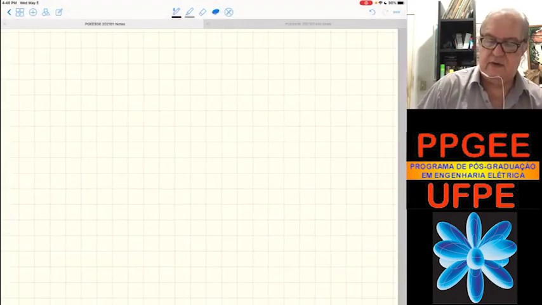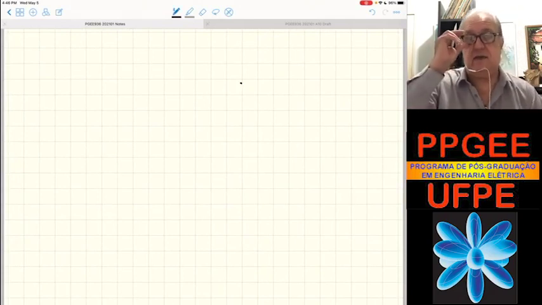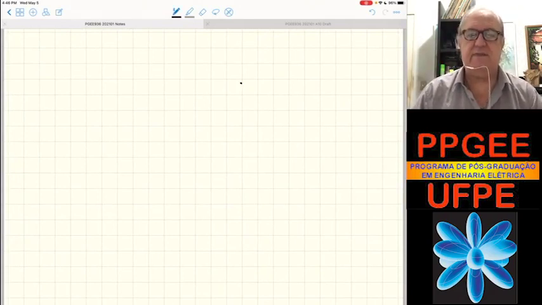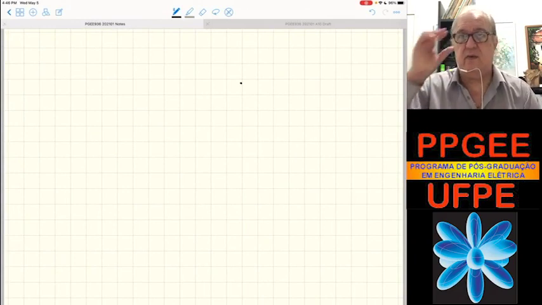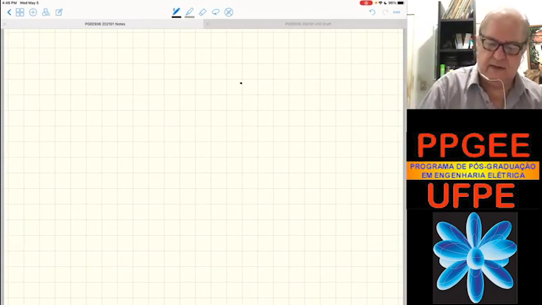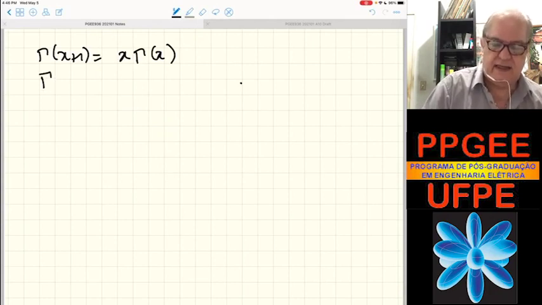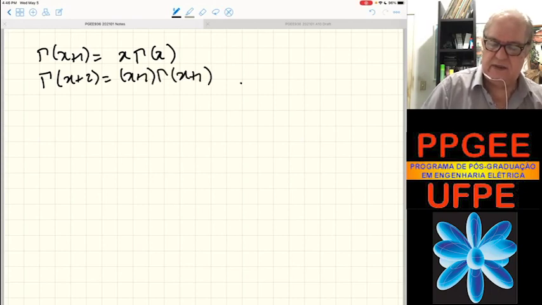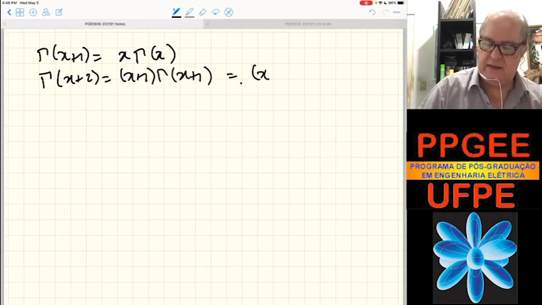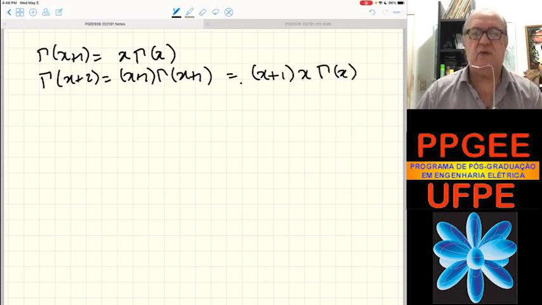So you see that when you use the gamma function, I can replace the productory with a ratio of two gamma functions. Look at this. I mean, gamma x plus 1 equals x gamma x, right? Gamma x plus 2 equals x plus 1 gamma x plus 1, which gives me x plus 1 times x gamma x, and so on, right?